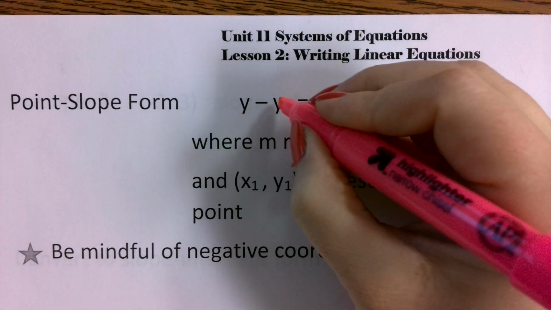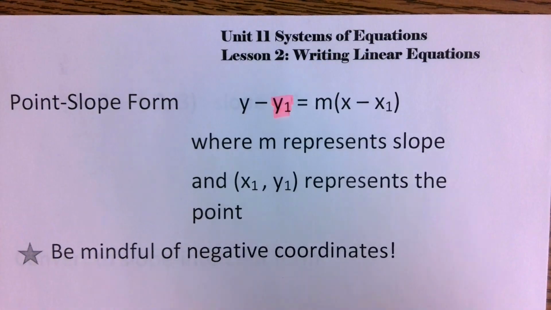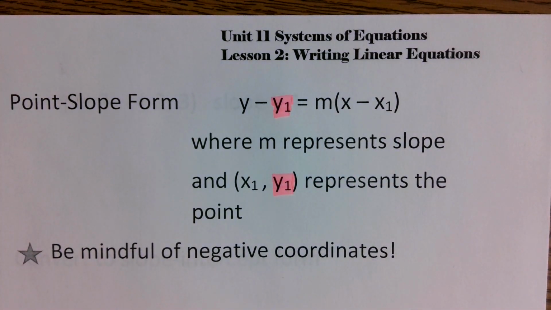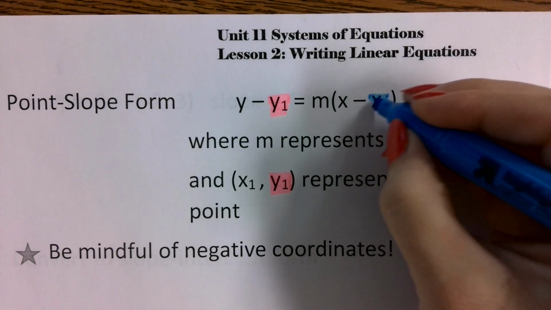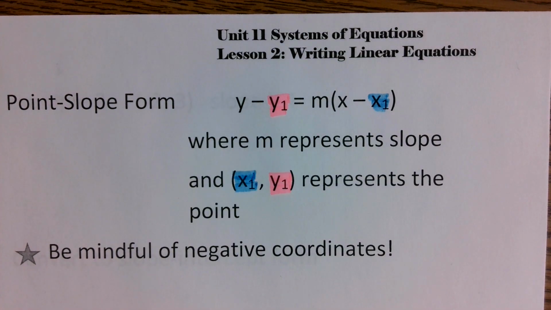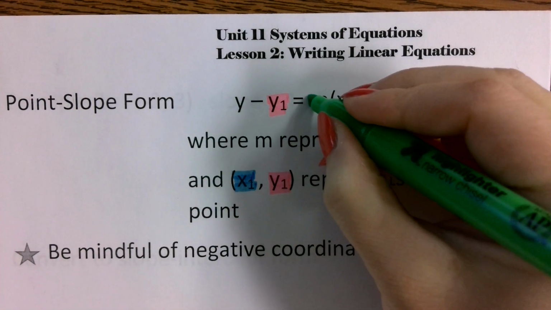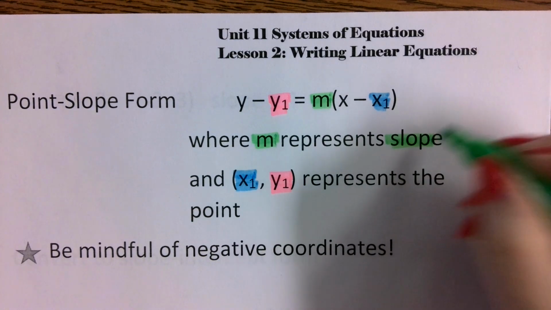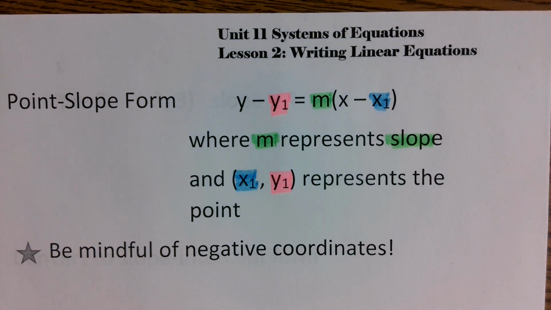So y1, again, is going to represent the y coordinate of your point. Your x1 is going to represent the x coordinate of your point. And then, as always, our slope is going to be represented by the value m, which represents the slope. Okay?